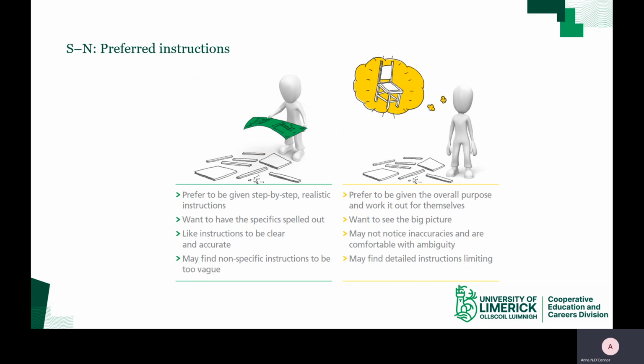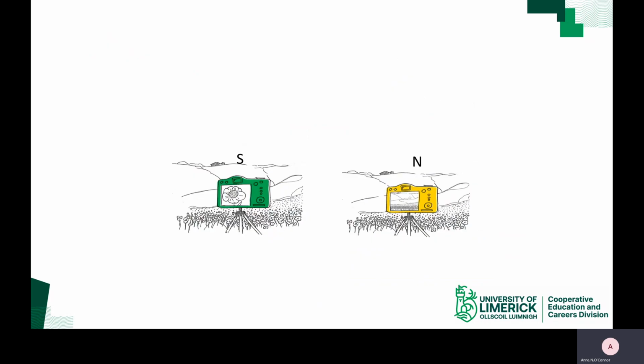So if you have a preference for S, you prefer to be given step-by-step realistic instructions. You want to have the specifics spelled out, like instructions to be clear and accurate, and may find non-specific instructions too vague. Whereas if you have a preference for N, you prefer to be given the overall purpose and work it out for yourselves, want to see the big picture, may not notice inaccuracies and are comfortable with ambiguity, and may find detailed instructions really limiting.